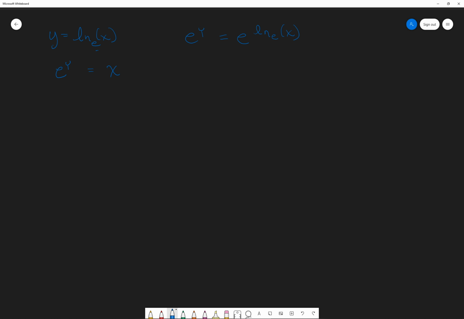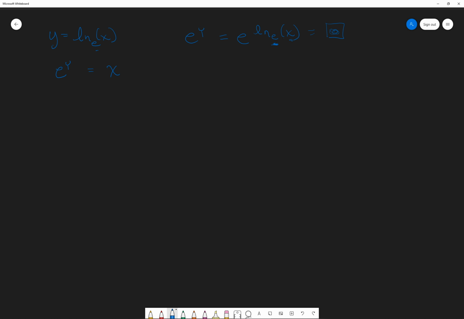That's what y is. Well, look, this e to the box, right? This is the exponent.